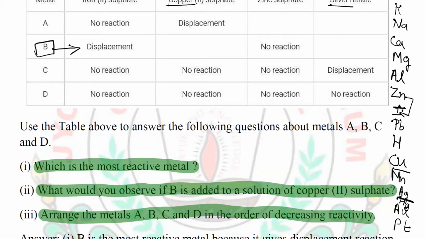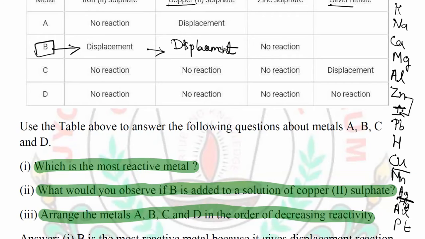The next question: what would you observe if B is added to a solution of copper sulfate? If we are adding B to the copper sulfate, naturally it will displace the copper from copper sulfate.